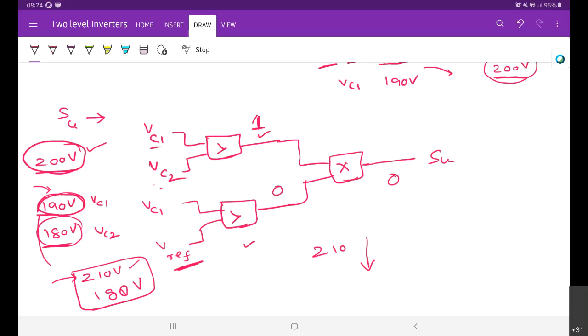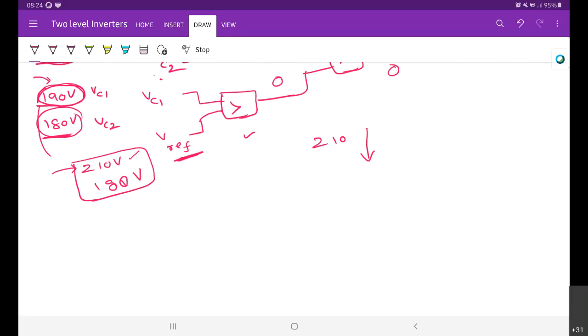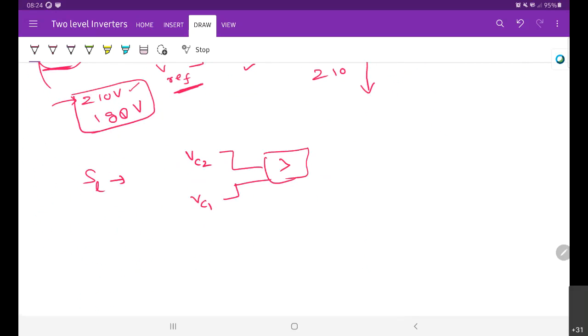Okay, so this is the switching for SU. Similarly, for switching for S lower, how will it be? For S lower, we need to compare the two switches. So this is now VC2 and this is VC1, right? Agree? So we have the other constraint.